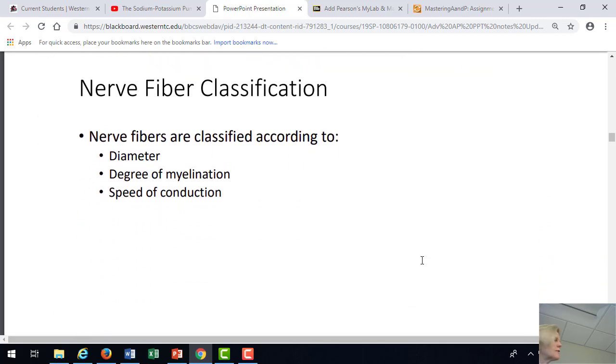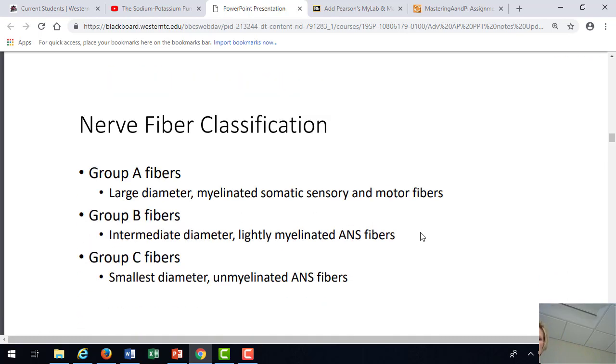So we can classify nerves again by their diameter, their degree of myelination, and their speed of conduction. So we just classify them as type A, type B fibers. So group A fibers, large diameter, myelinated, somatic. What does somatic mean? Skeletal muscle.